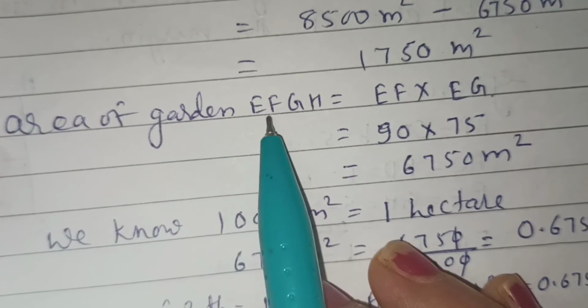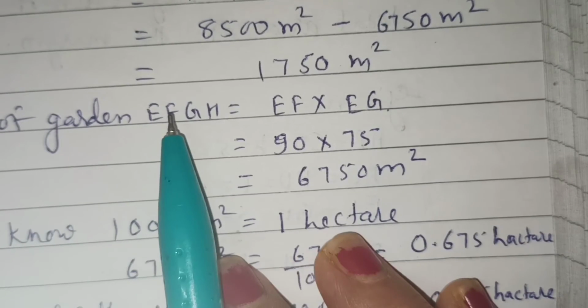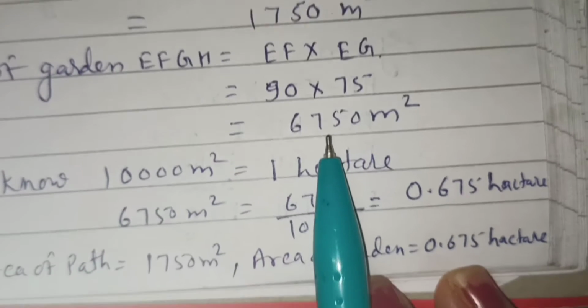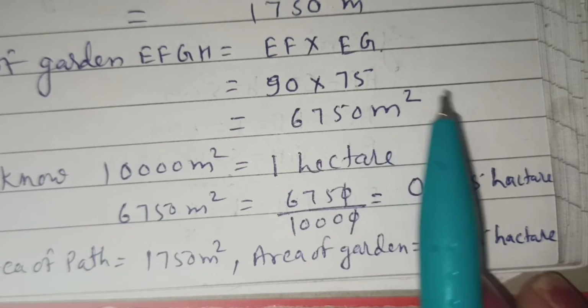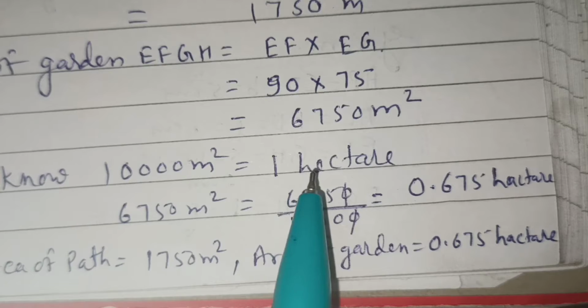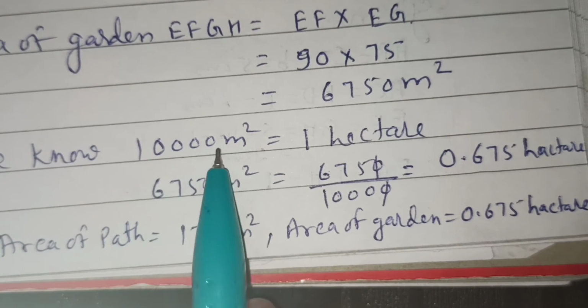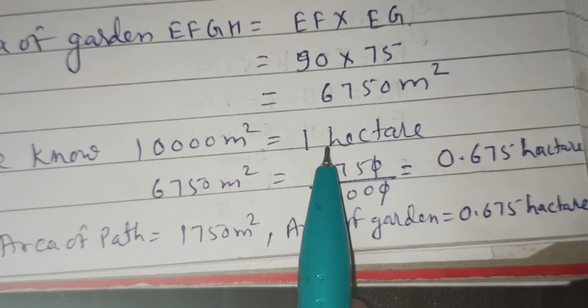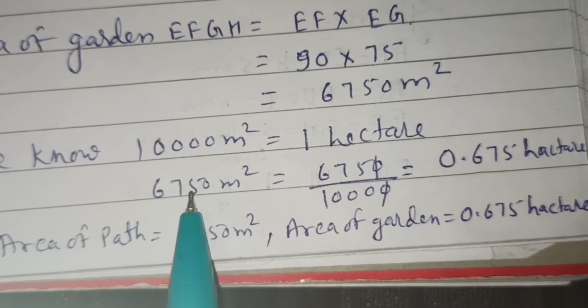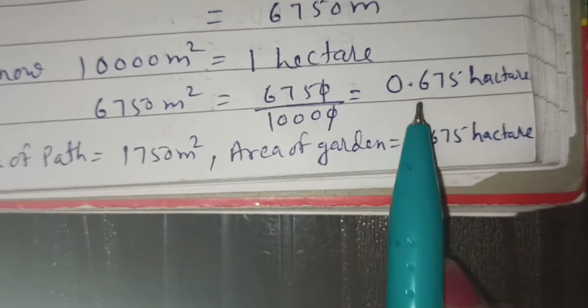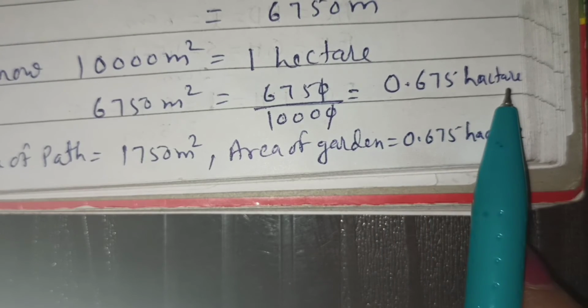Now area of garden EFGH is also length into breadth, and we got this. But we have to convert this meter square into hectare, and we know the conversion formula. 10,000 meter square is equal to 1 hectare. So 6,750 meter square is divided by 10,000, and we got 0.675 hectare.